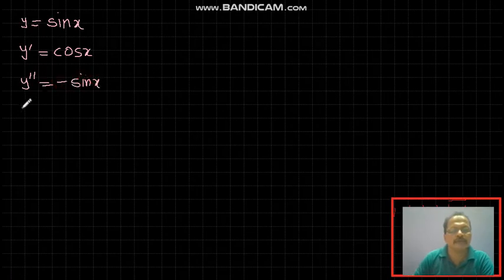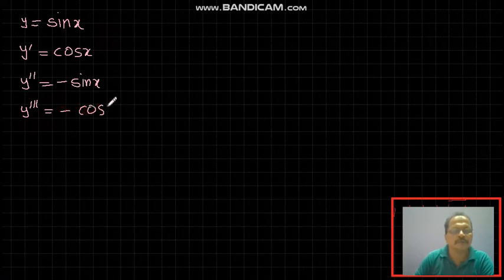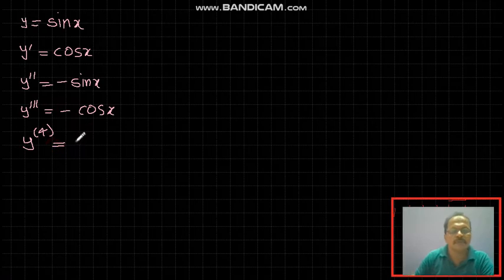This is again a differentiable function, its derivative is minus sin x, derivative is minus cos x, and you can find the next derivative, fourth derivative, y fourth is derivative of minus cos x is minus of minus sin x, it is sin x.